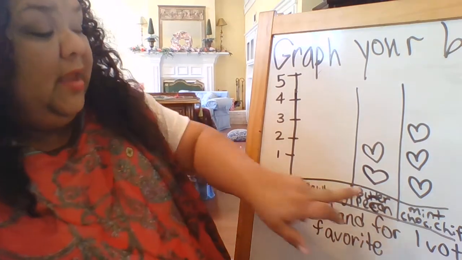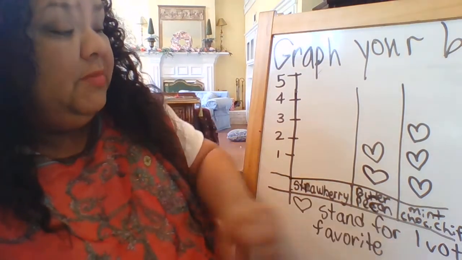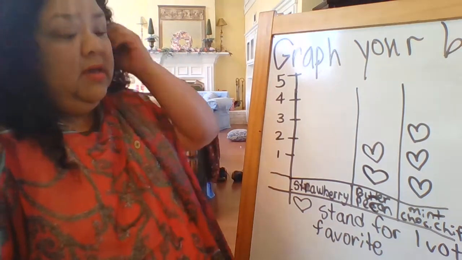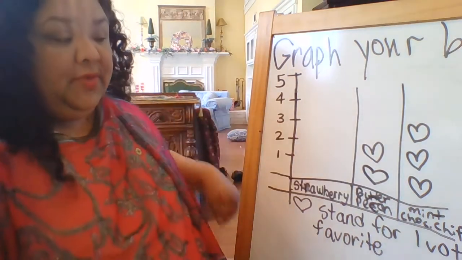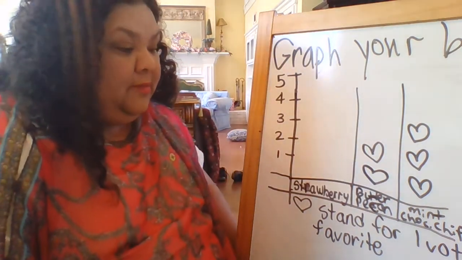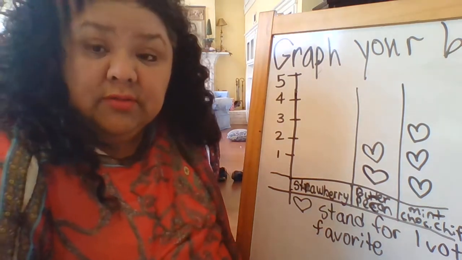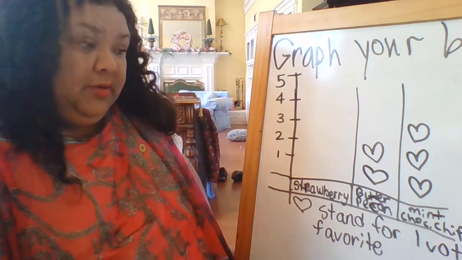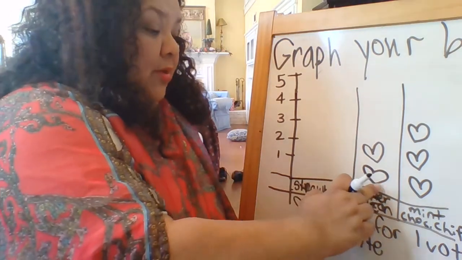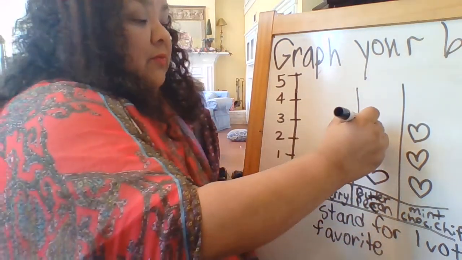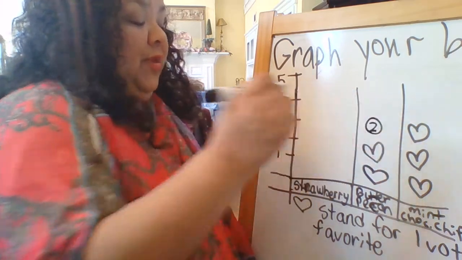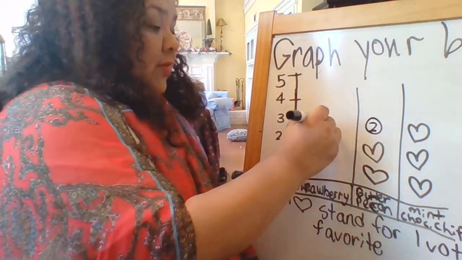Now we can compare the butter pecan and mint chocolate because we do see that people voted for those two. But which one do you see has the most voted on? Butter pecan has 2 people that voted for that one. Strawberry has 0.